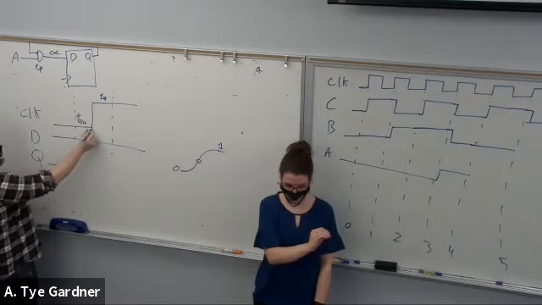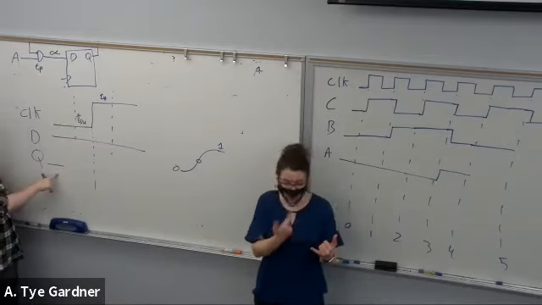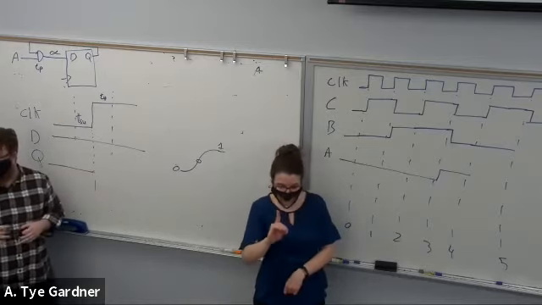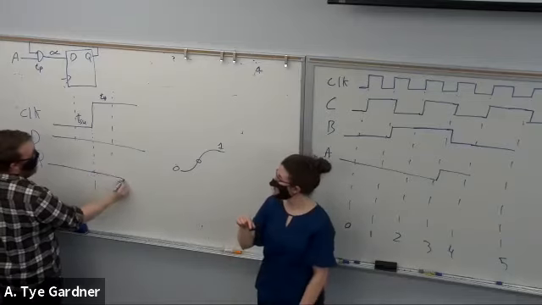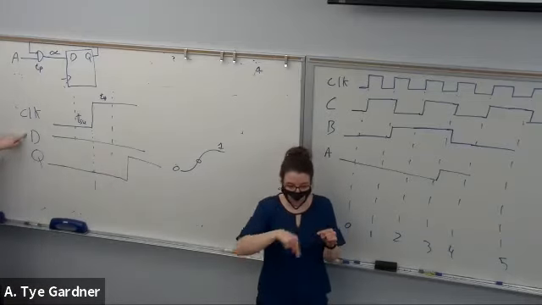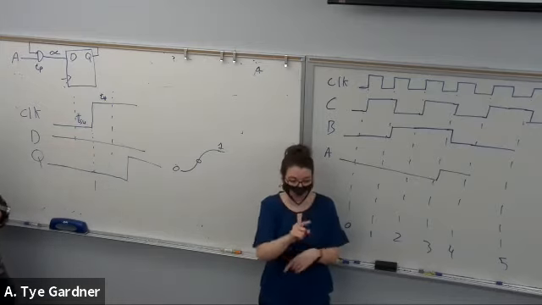Well, this clock happens. We're clocking D into Q, right? That doesn't happen instantaneously. It has to propagate through, and eventually it will tick up to 1, right? Because D was 1, so a rising edge of clock clocks D into Q, makes it 1.